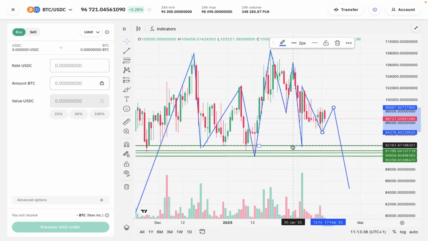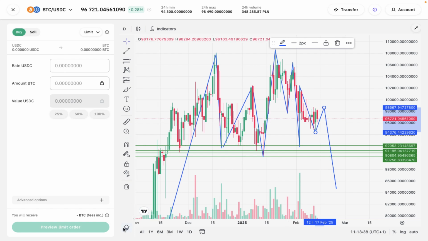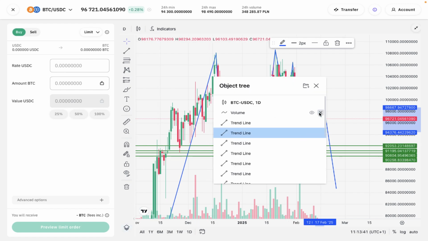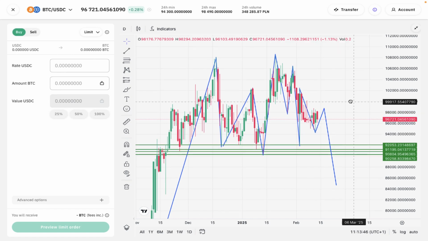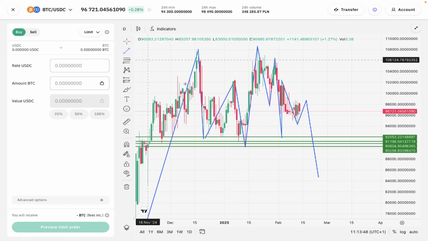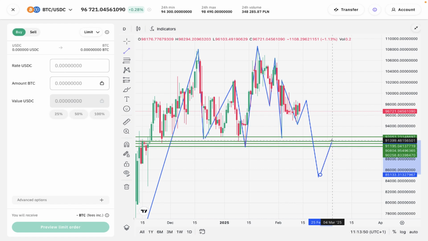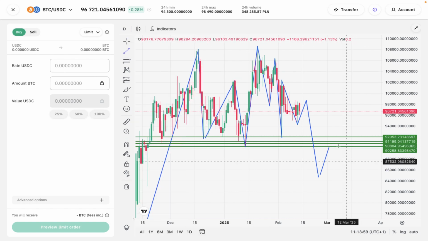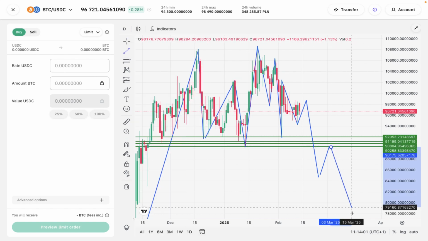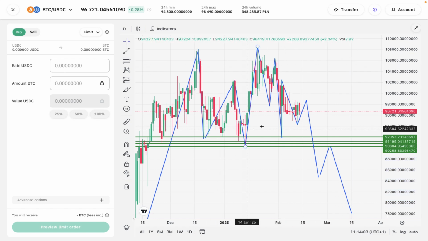And if this is the Wyckoff distribution pattern, then we should see a low volume rally towards this level here, 90,350. So a low volume rally, and the confirmation would be another movement to the downside, and then we might see some sort of distribution pattern on the Bitcoin to the USDC.